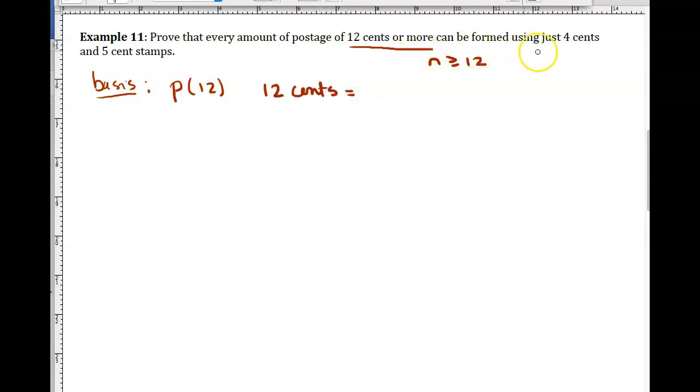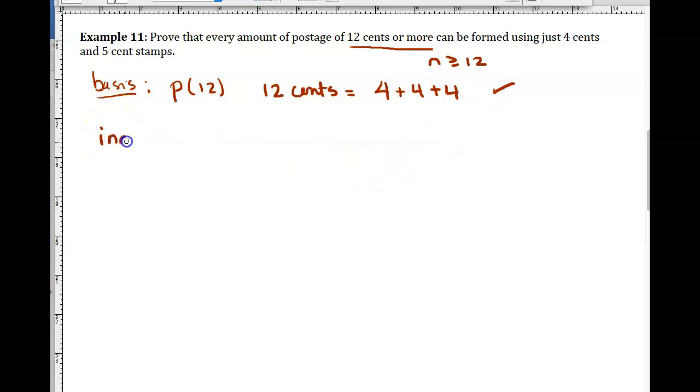I want to show that 12 cents can be formed using just 4 cent and 5 cent stamps. I can do 4 plus 4 plus 4, which makes 12 cents. So it's possible, and that proves the basis step.